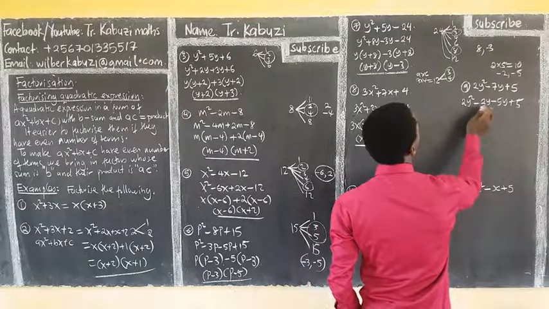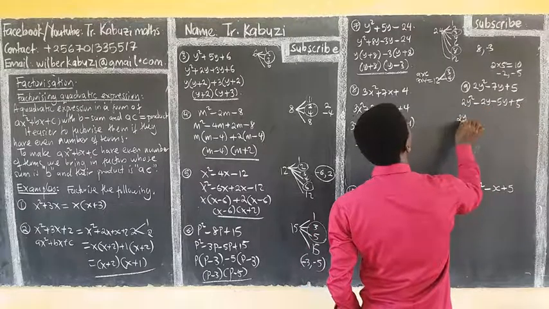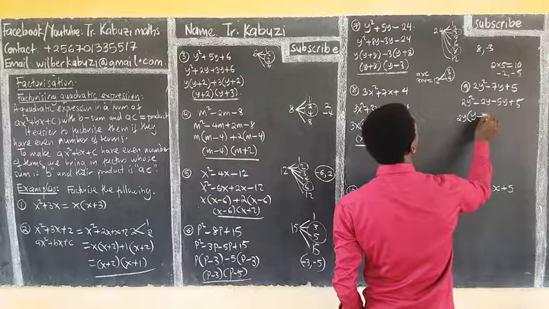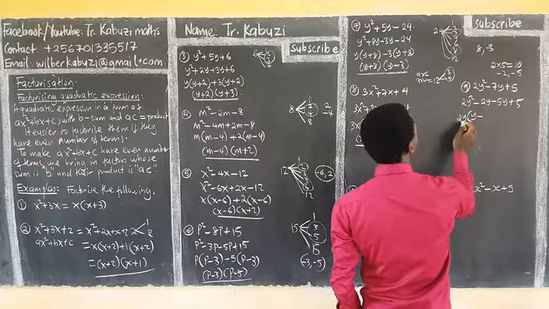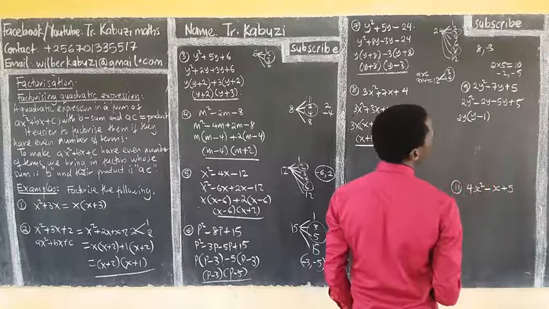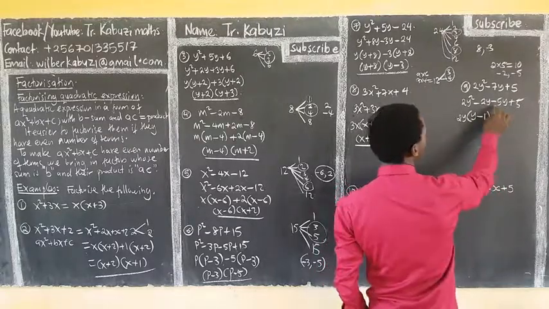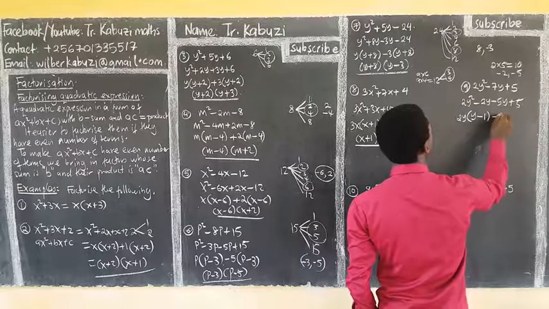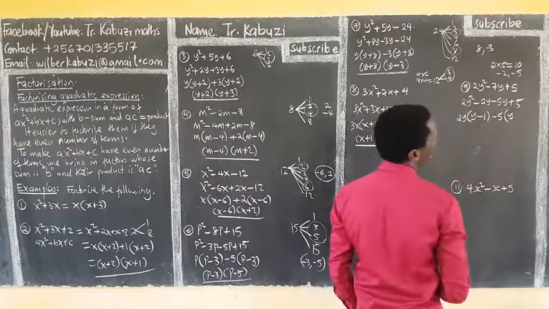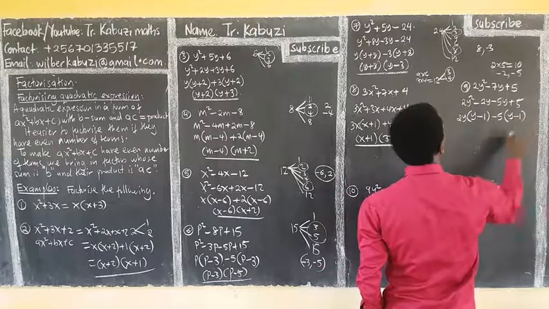So 2y is common, so remove 2y here. Here remain with 1y. Here, when you get this 2y divided here, you get negative 1. What is common here? You need a y which is positive, so remove this coefficient. So negative 5 is 2y. So this negative 5 when you divide it here, you get a negative 1.